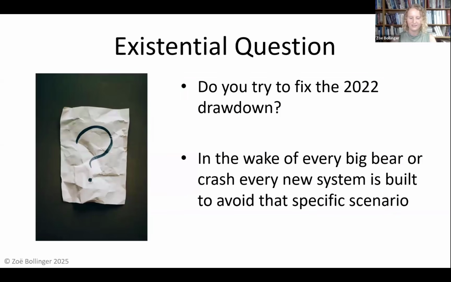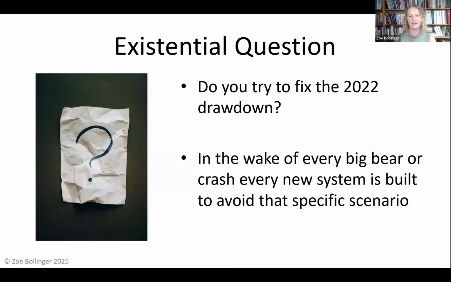So the existential question: you have a system like this that works quite well over time, but it has that one big flaw. In this case, it's that 22 drawdown. Do you try to fix it? Again, no right answer here, but some things to be really mindful of.